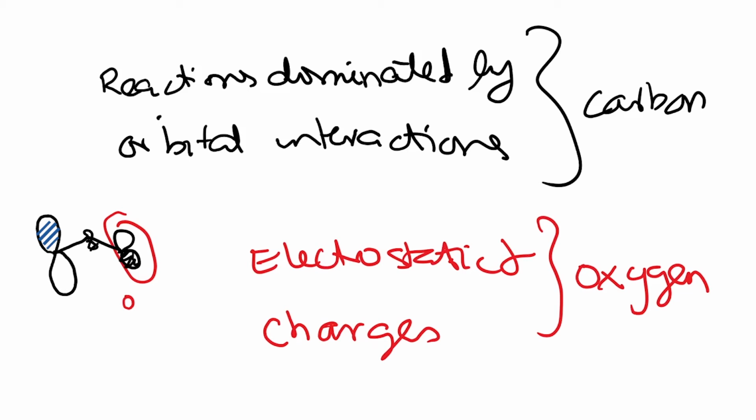One important difference is that the oxygen, being electronegative, has the greater charge on it, and so reactions which are dominated by charges, by electrostatics, actually occur at the oxygen, whereas reactions which are dominated by orbital interactions, the HOMO of the enolate having a larger lobe at the carbon, dominate the reactions that occur at the carbon center.